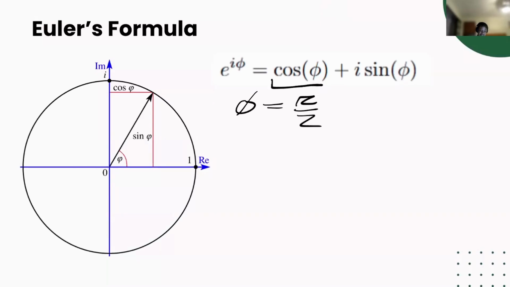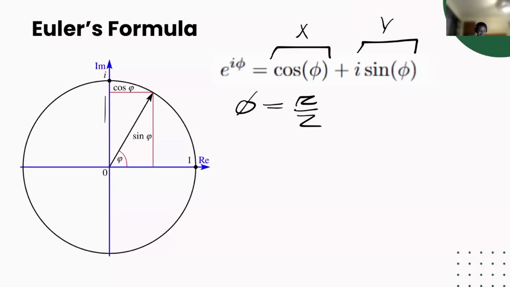Actually, let's do it from the top. This part here models the coordinates of the x component, and this part here models the coordinates of the y component. Because this is on the imaginary axis, we'll have this factor of i on this vertical axis.